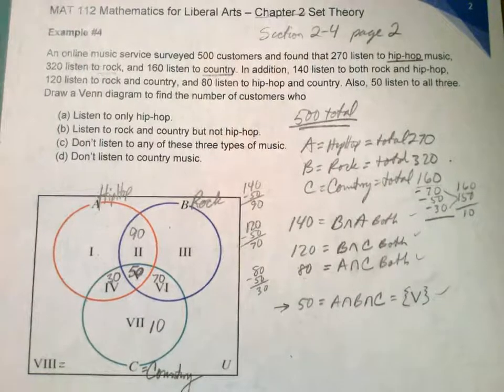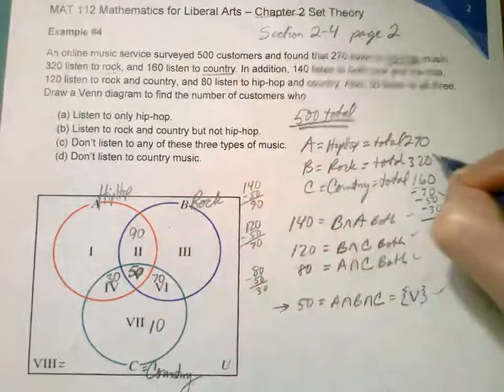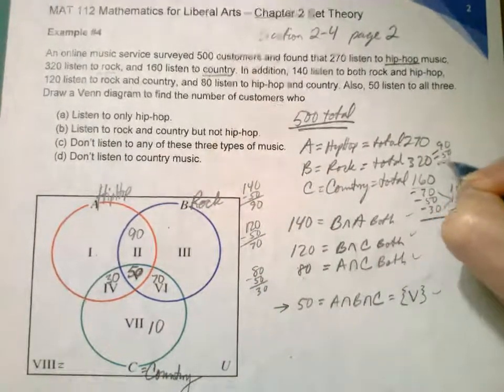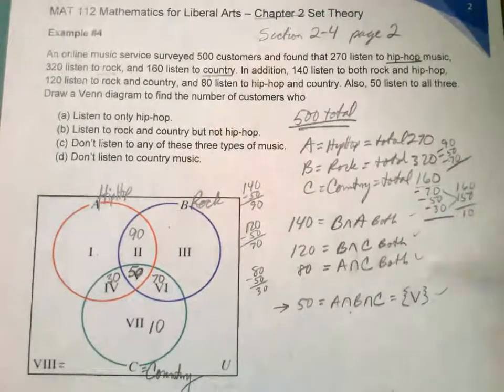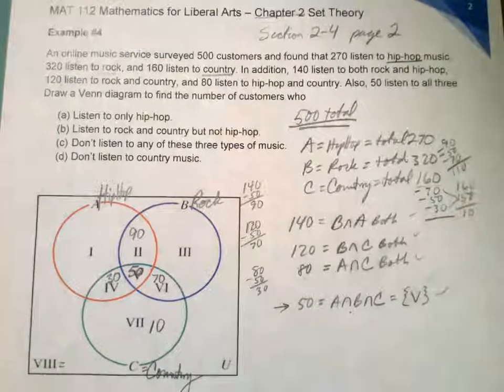Okay, and then rock, let's see. We have minus 90, minus 50, minus 70. That's 110. Let me just double check that.